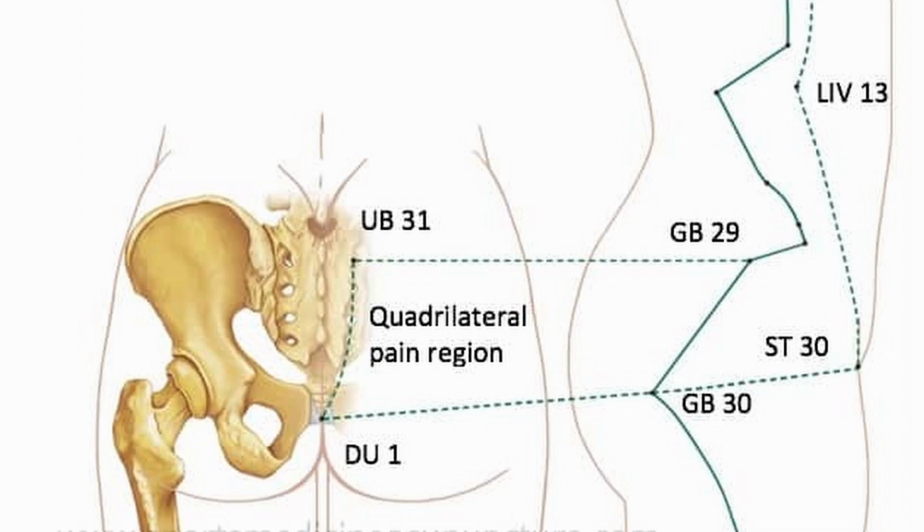Now, anatomically, we know that the gallbladder channel travels along the sides of the body, and in the lower back region, it travels along the gluteal region and into the lateral thigh. So we would expect that this person will have some pain and discomfort along those areas of the body.